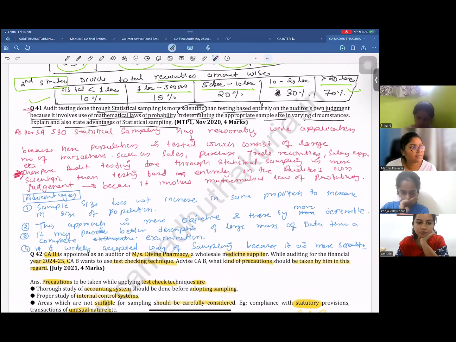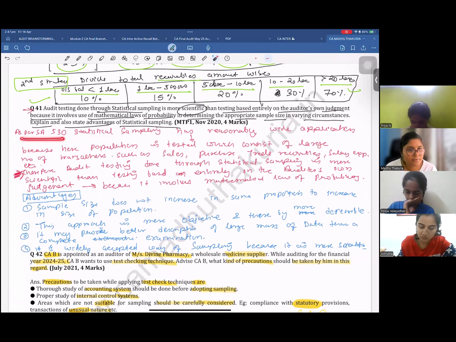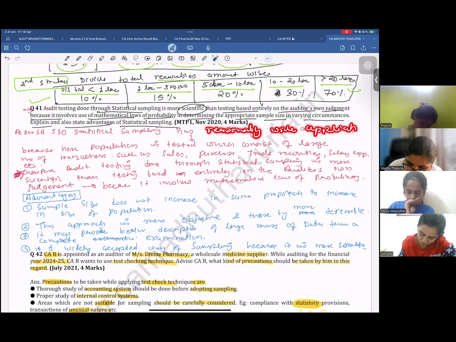Will you write, please? As per SA 530, we are defining statistical sampling. As per SA 530, statistical sampling has reasonably wide application. How?